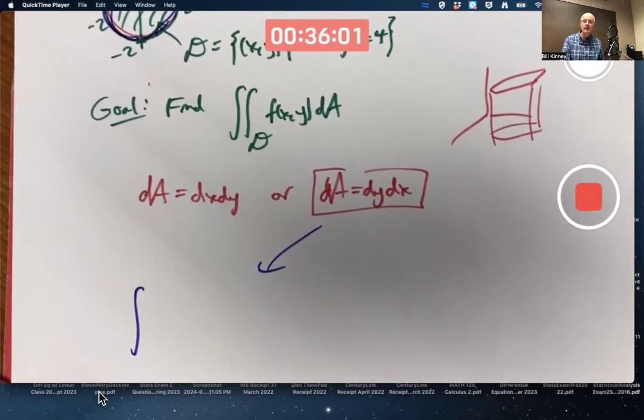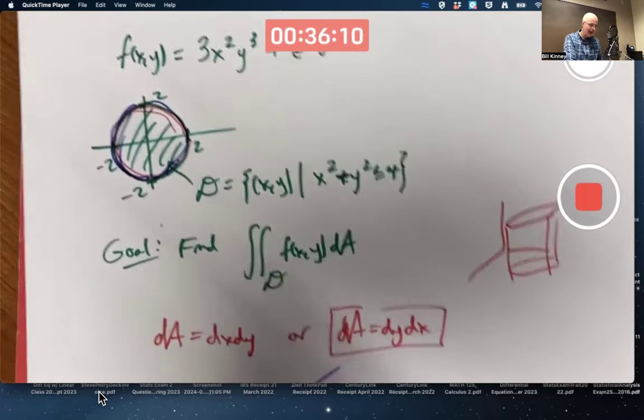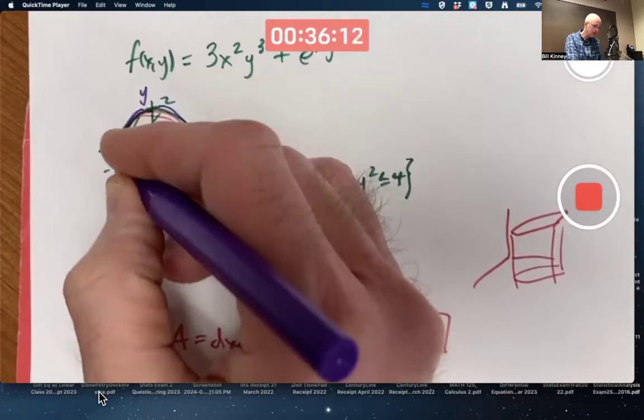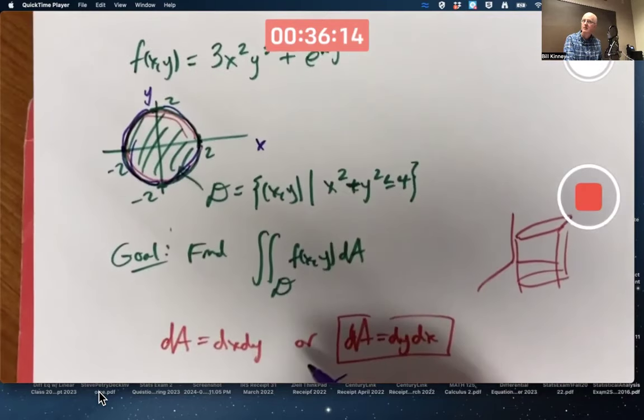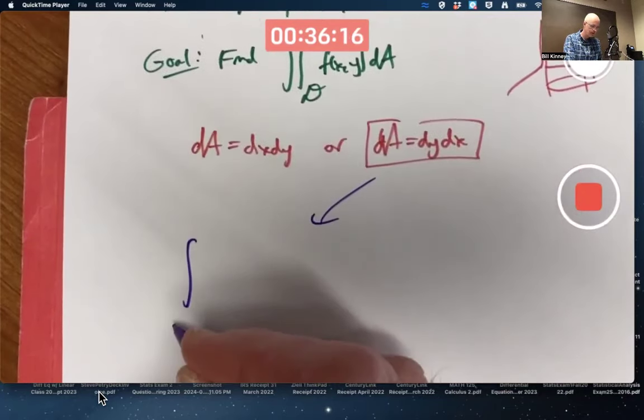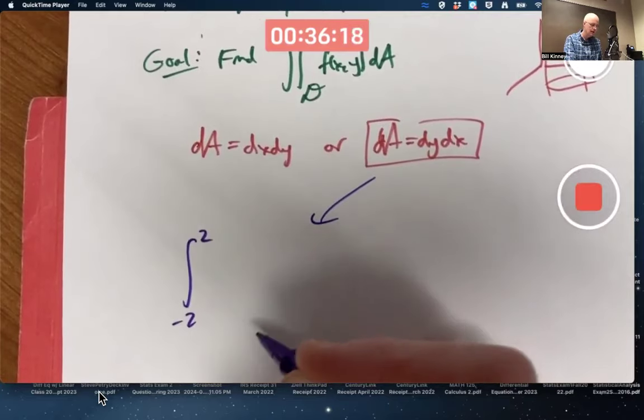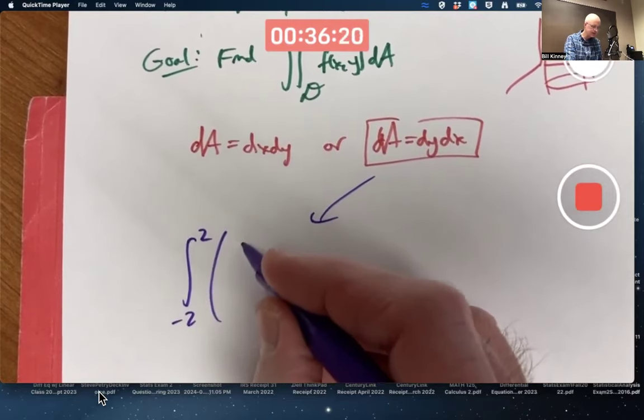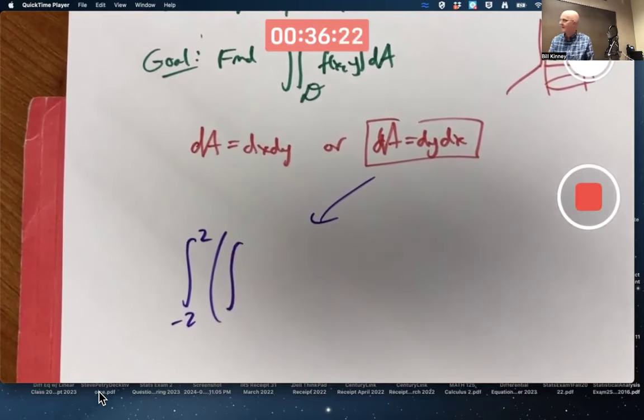The outer integral is going to be with respect to x. You want the limits of integration to be constants. X goes over the whole region between -2 and 2. That's the outer integral. We're going to use parentheses again for emphasis, though you don't have to use parentheses when you do problems.